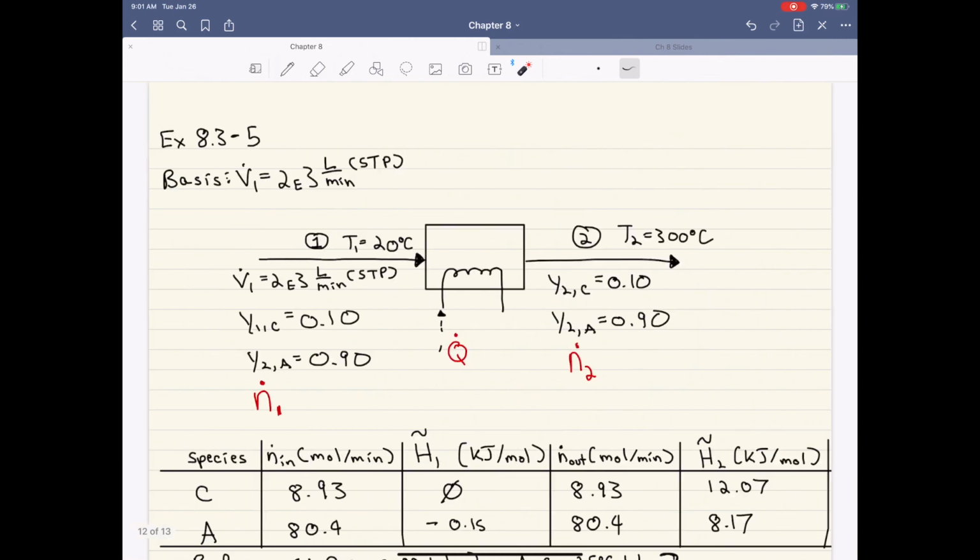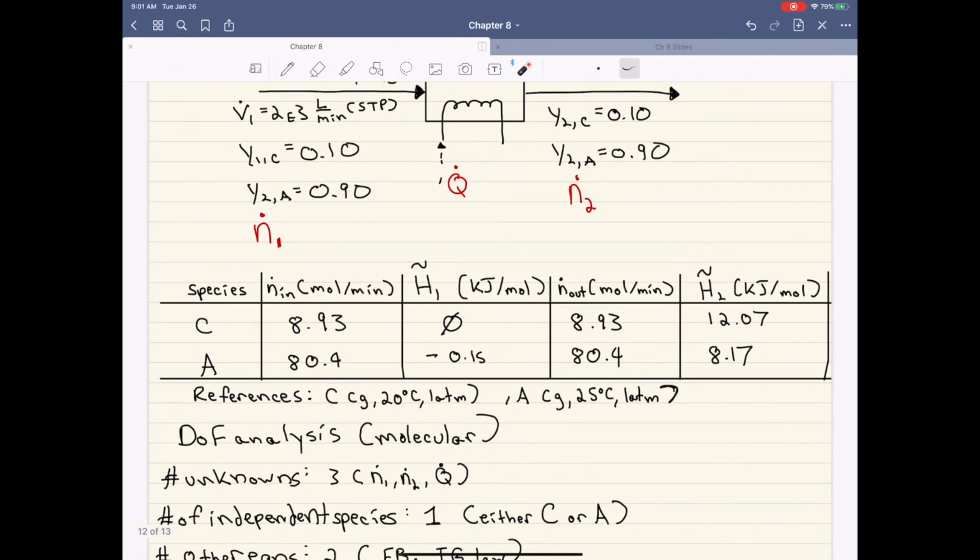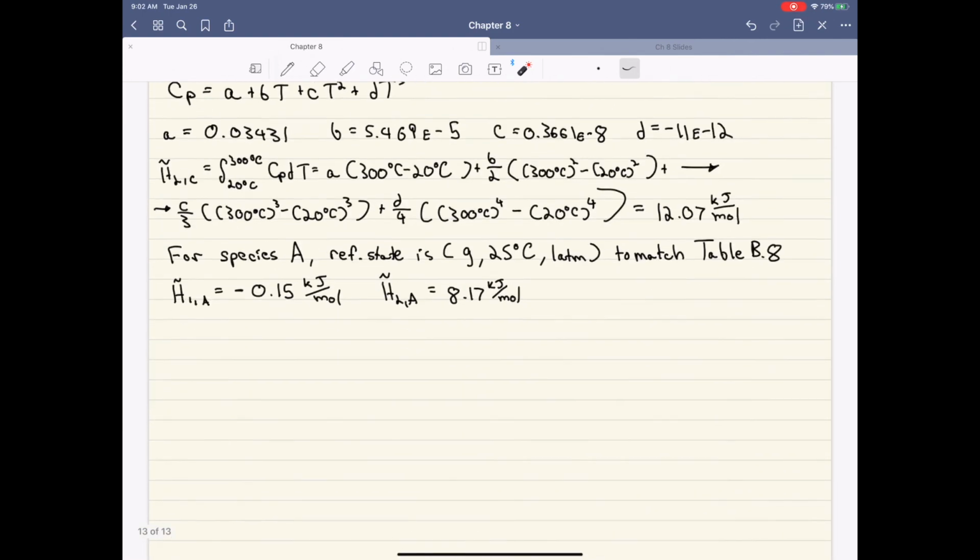Well, the way we set up the table, what we have are molar flow rates times their enthalpies. And so in order to calculate delta H, all we need to do is go back to this table and find all the values that are next to each other and then subtract them off. And so this table makes it really easy to visualize all the numbers that go into your delta H dot calculation.